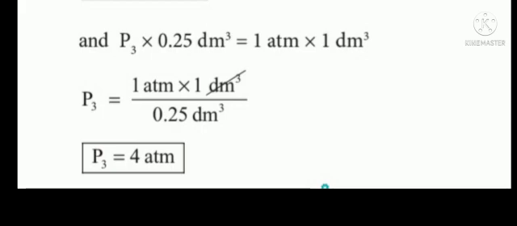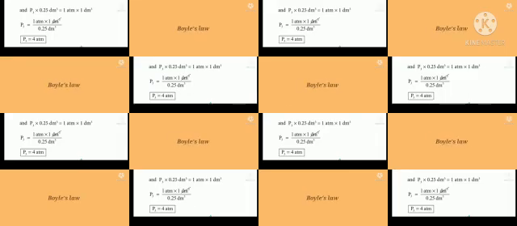After rearranging, P3 is equal to 1 atmosphere into 1 decimeter cube divided by 0.25 decimeter cube. After simplification, we will get 4 atmosphere. Therefore, P3 is equal to 4 atmosphere. Hence, we completed the problem based on Boyle's law. Here we calculated the V2 value and P3 value.